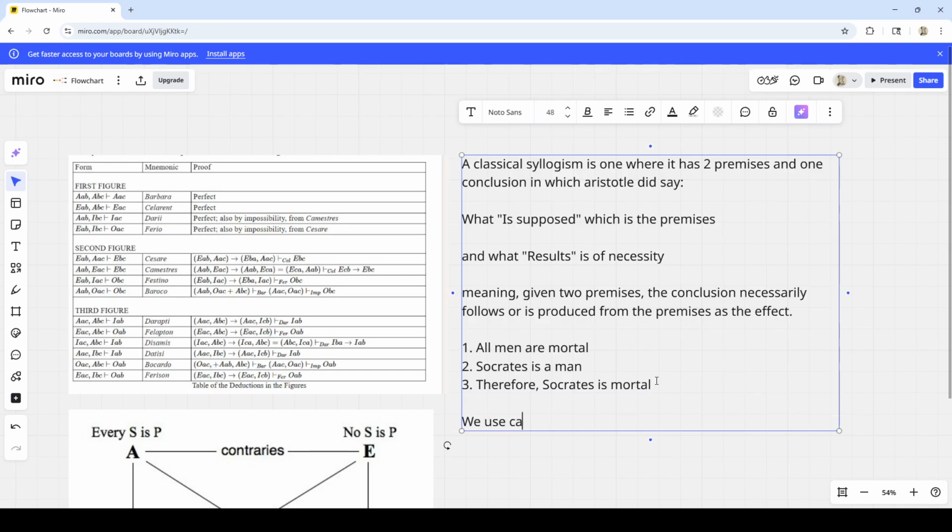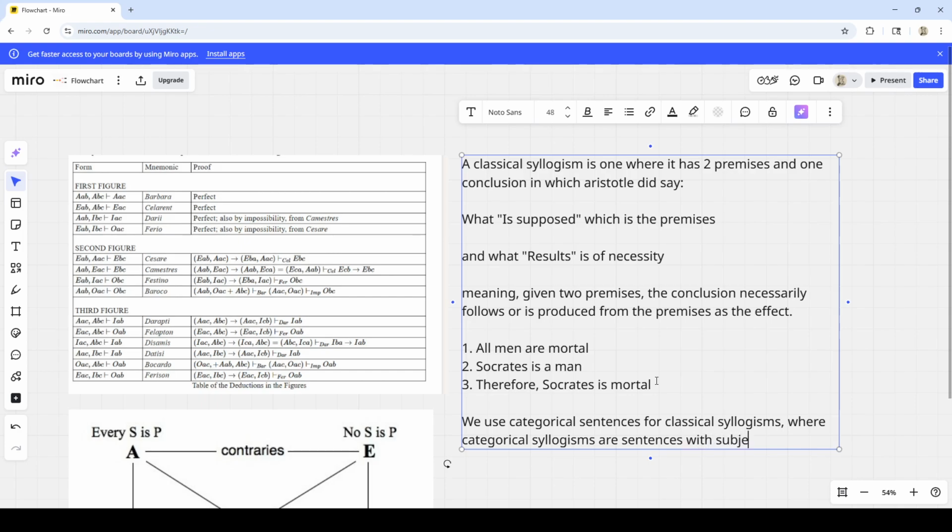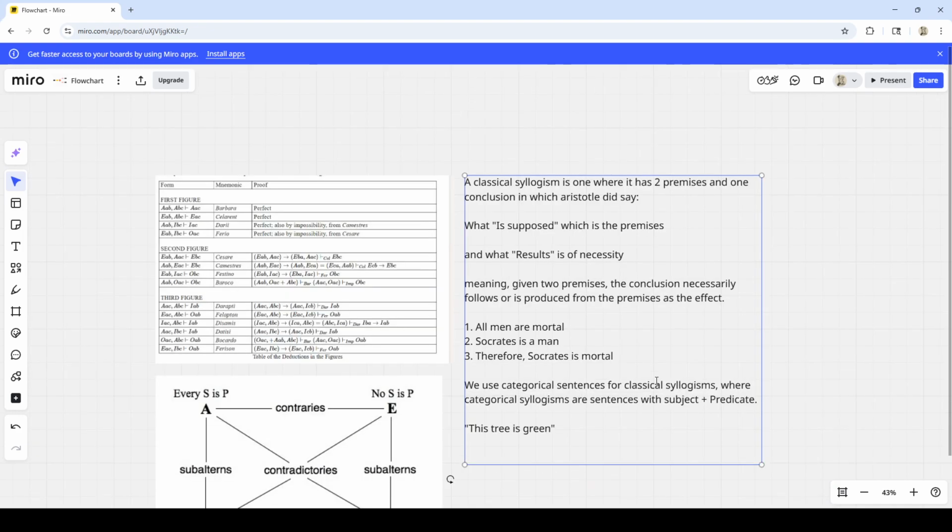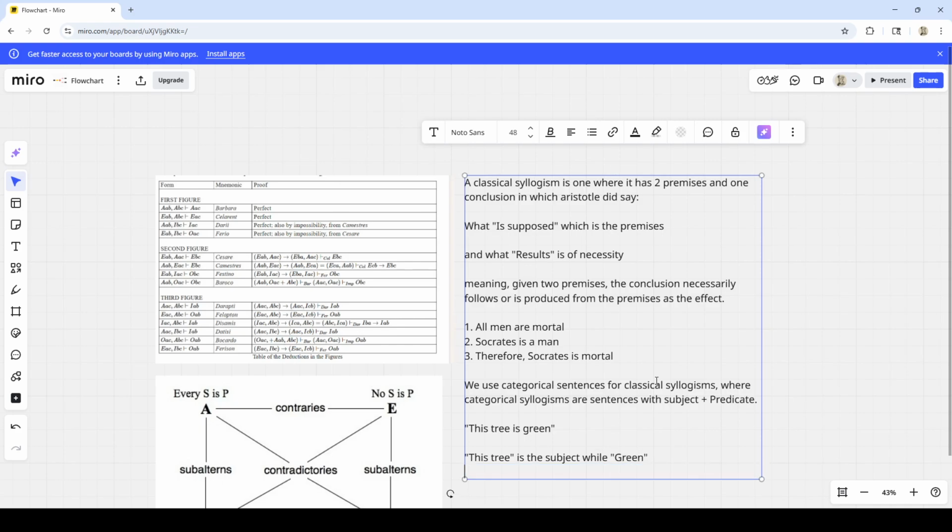We use categorical sentences for classical syllogisms. So if I were to give you the example, this tree is green, this tree is the subject, while green is the predicate.